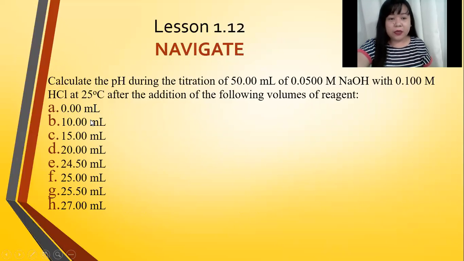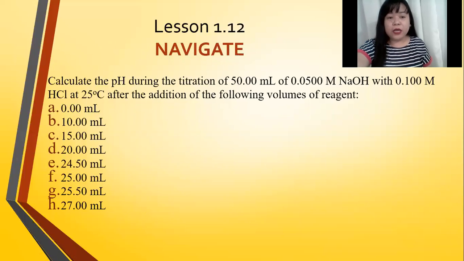Letter B, for letters B, C, D, E. Here we actually do not know yet if this is before the equivalence point, at the equivalence point, or after the equivalence point. So what you would have to do is first assume that this is before the equivalence point.